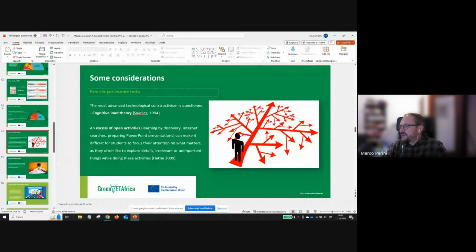is something we have to have in mind every time we think to use technology, every time we design a course or a teaching activity supported by technologies. So maybe someone has already heard about the cognitive load theory.